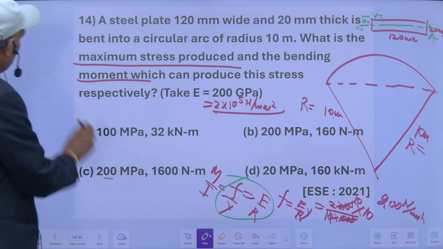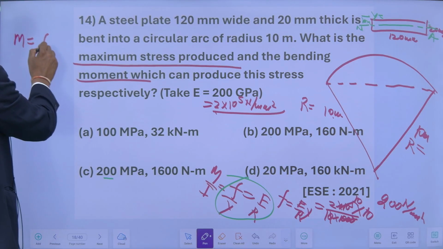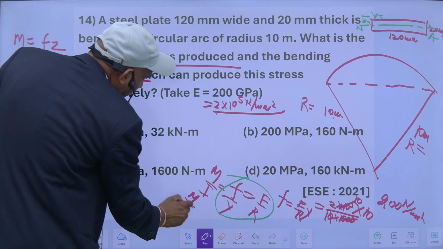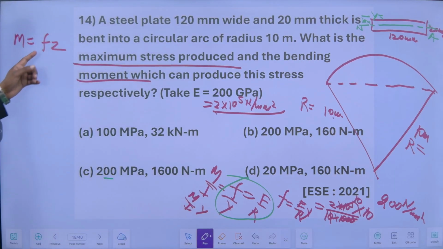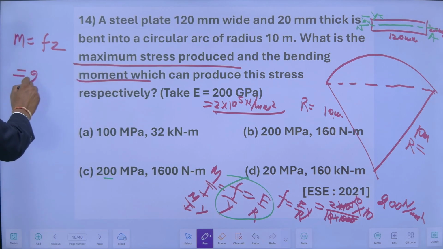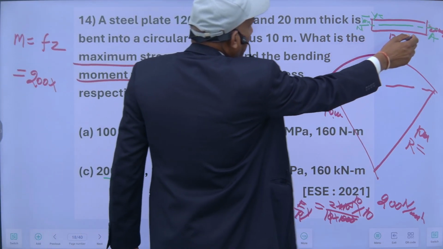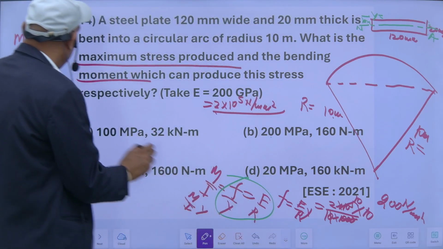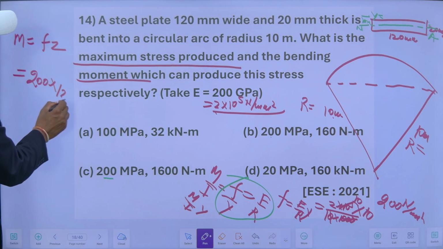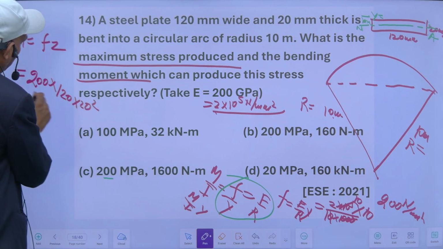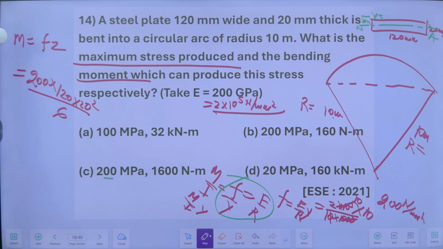So M is equal to, as we know, Fz. This F is equal to M upon I into Y, meaning M is Fz. F is 200. Z is section modulus. Section modulus of this will be BD square by 6. B is 120, D is 20 square upon 6.